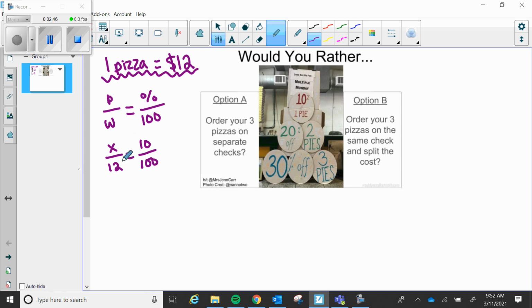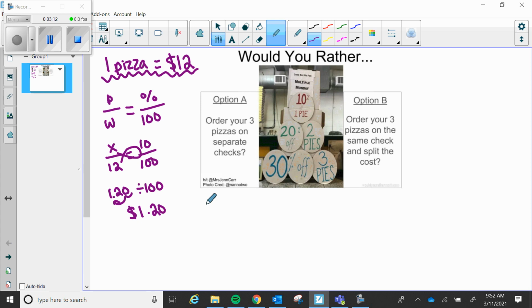So if we do our fish method, 12 times 10 divided by 100, 12 times 10 is 120. So then I divide by 100. When I divide by 100, all I have to do is move my decimal over 2 places to the left. So that means 10% off would be $1.20.